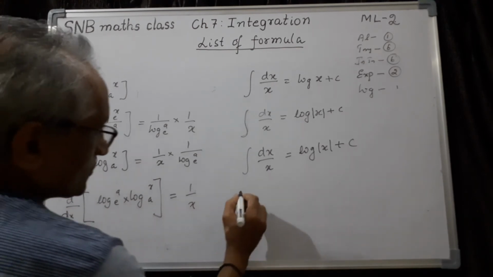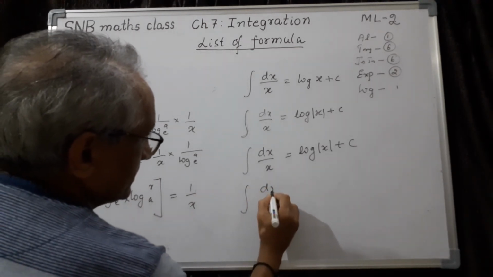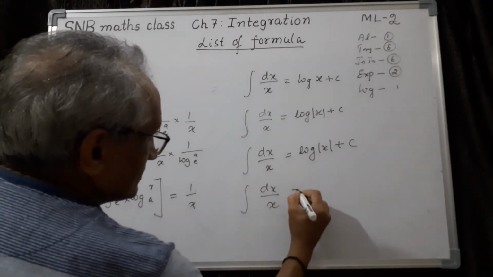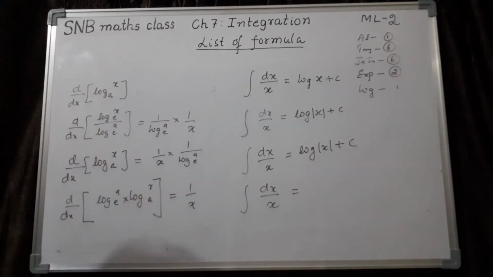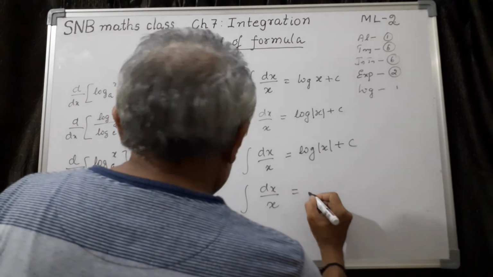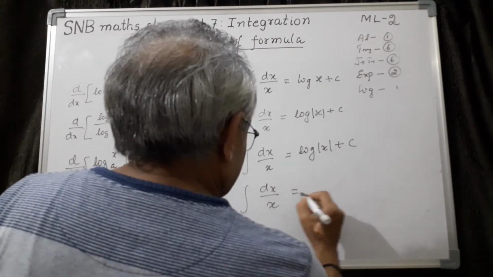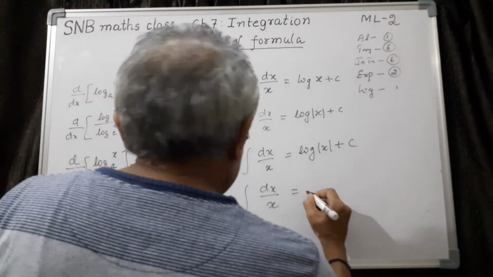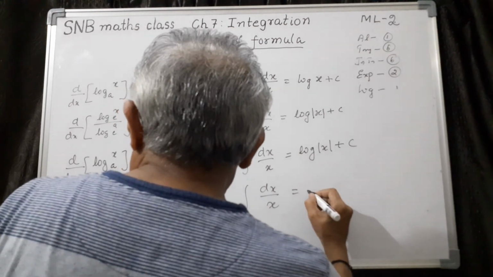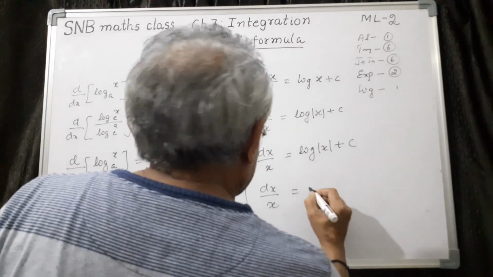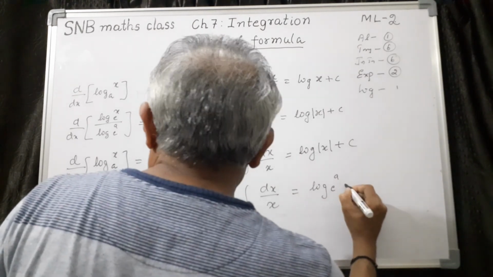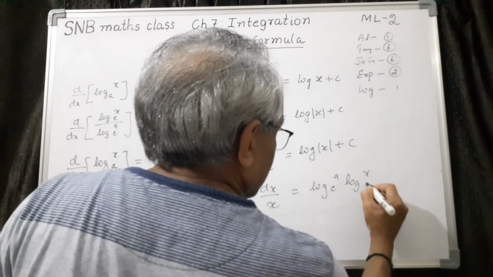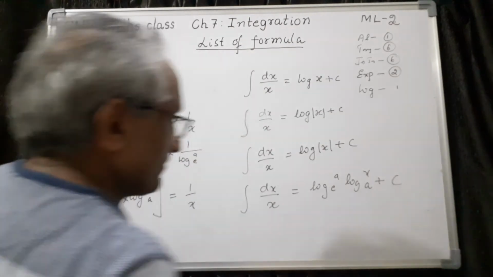So the integral of dx by x will be equal to, of course here it should be positive once again, otherwise mod, log a to the base e log x to the base a plus c.